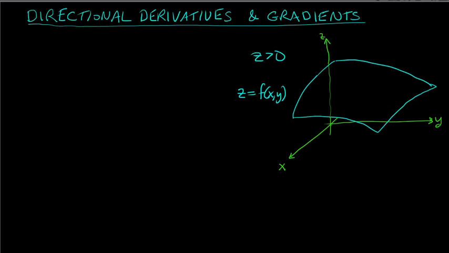All right, so now I'm going to take a particular point in the xy plane, say right down here. So this is x, y, and then z is 0. And then on the surface, this is the point x, y, z, right there.